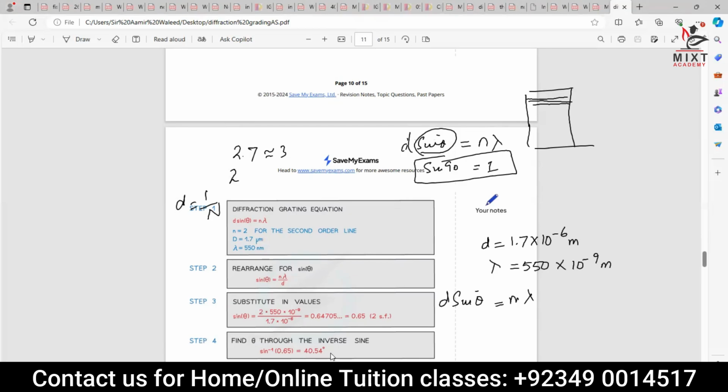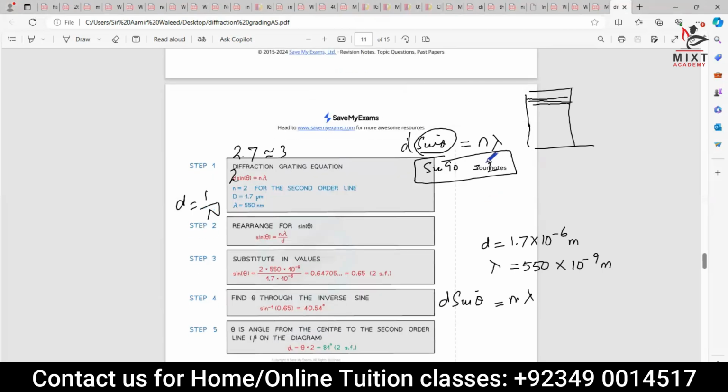Okay, maybe they rounded off to two decimal places, right? So this is one angle, right? Maybe you took some extra values. They took just two decimal places. That's fine, no issues. One or two numbers, because you took more values, they took two decimal places only. So see, in the end, they multiplied by two.